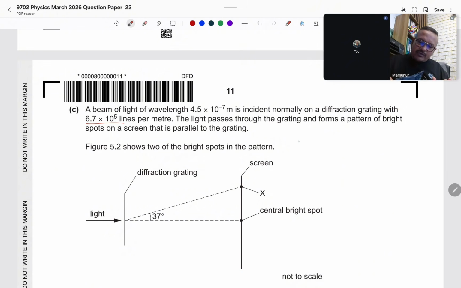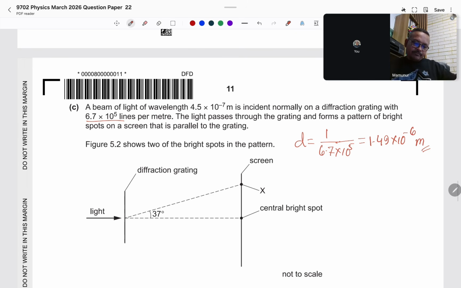So if we calculate d equals 1 divided by 6.7 into 10 to the power 5 per meter, it is 1.49 into 10 to the power minus 6 meter.